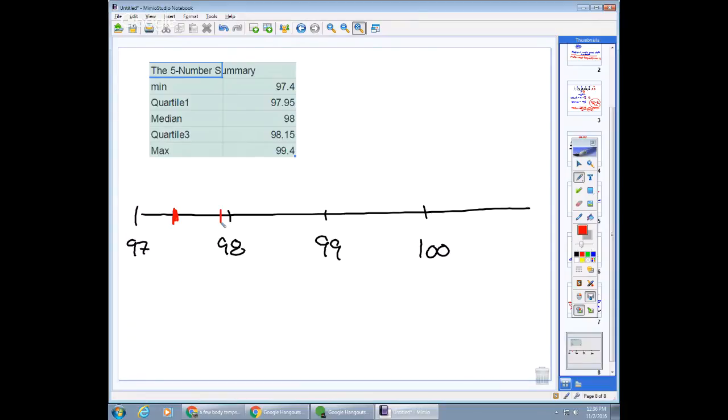So let's say about right there-ish. Then the median is 98, so right here. And the third quarter, 98.15, that's right about here. And then 99.4, way over here. Did I put those in the right spot, you think?